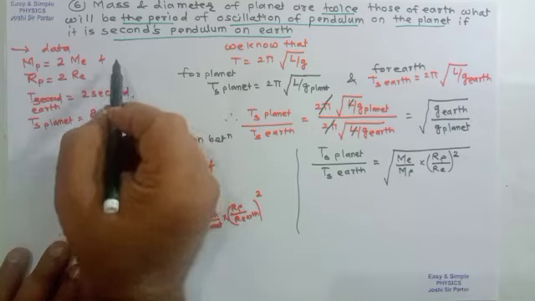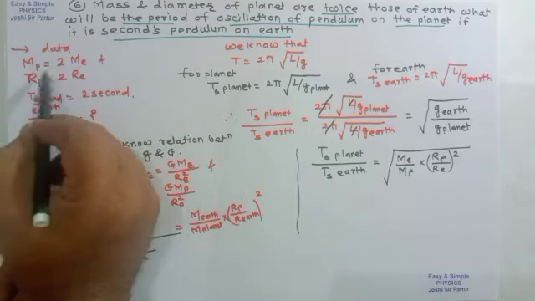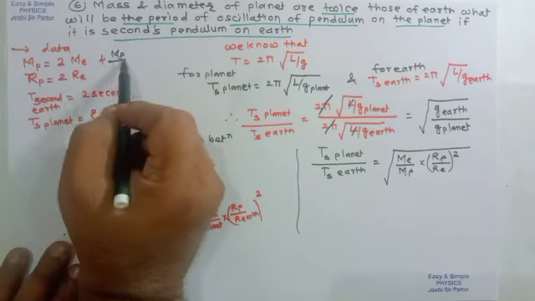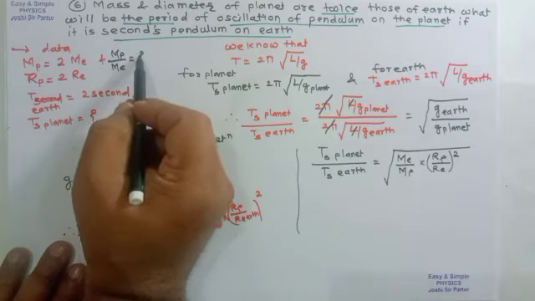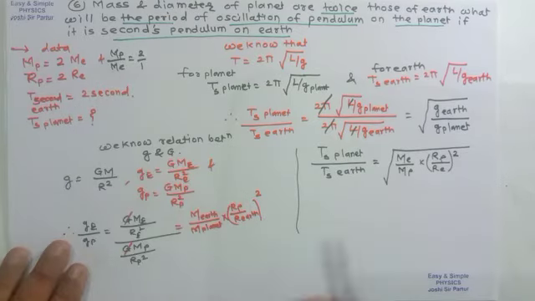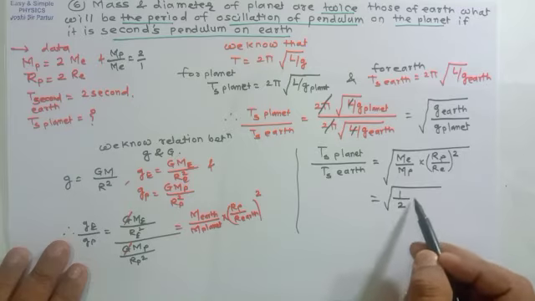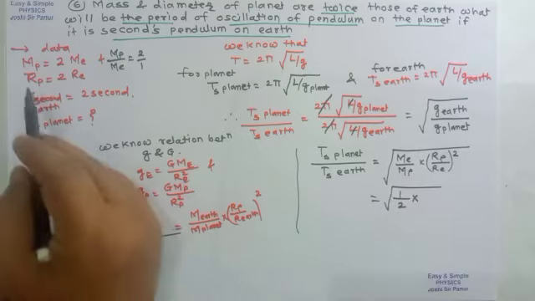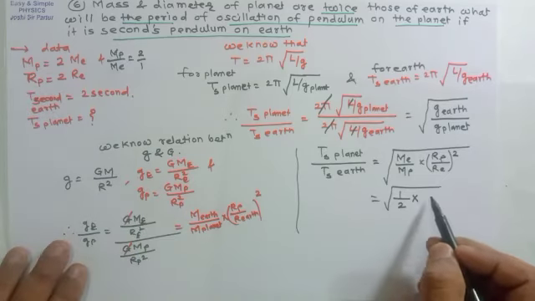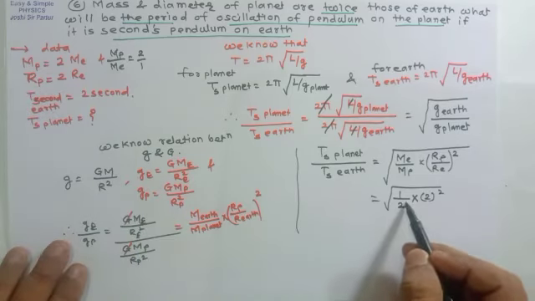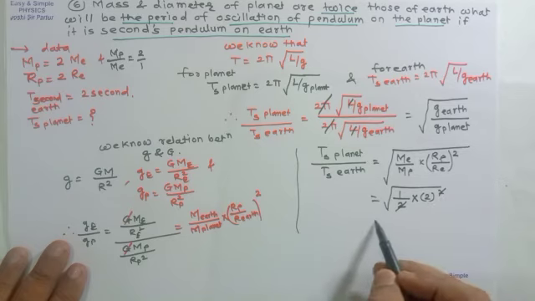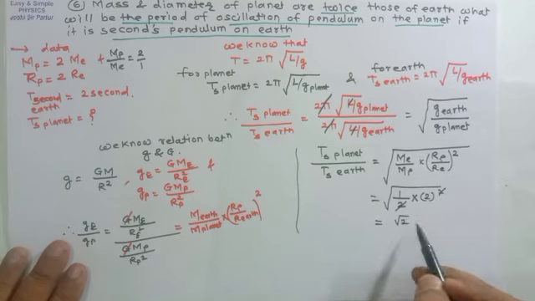So here M_p upon M_e is equal to 2 upon 1. So we can write it as square root of 1 upon 2 multiplied by R_p upon R_e, that is 2 square. 2 gets cancelled. It will be square root of 2.